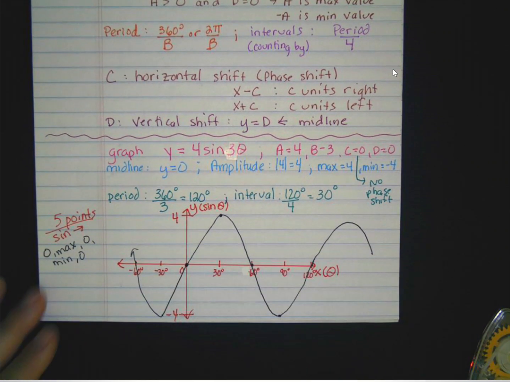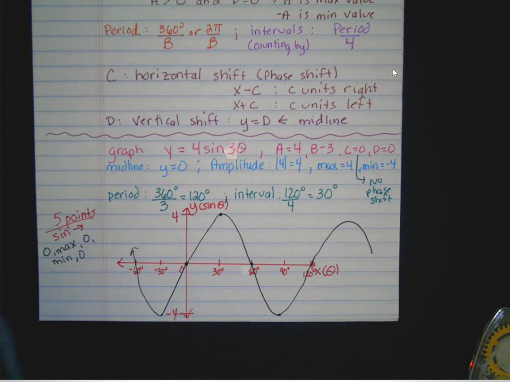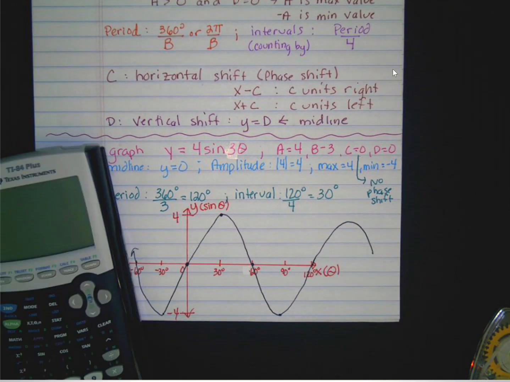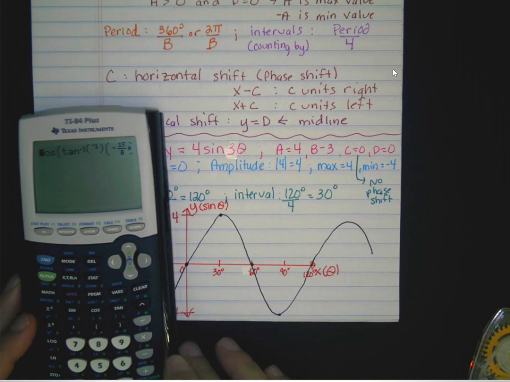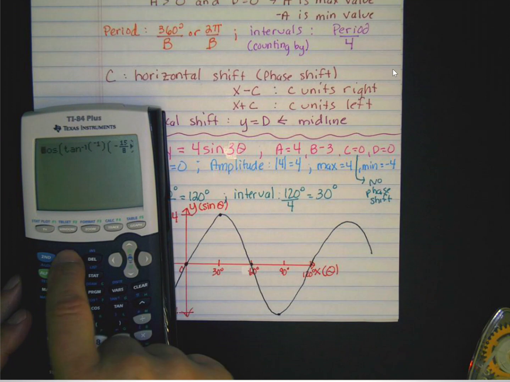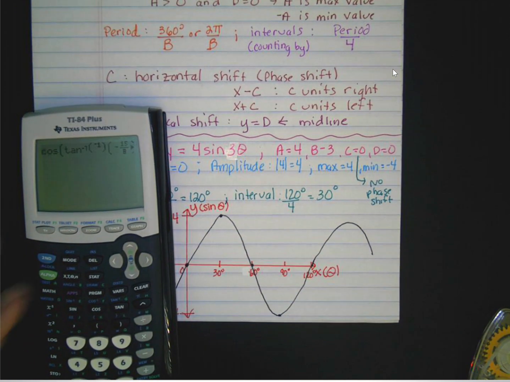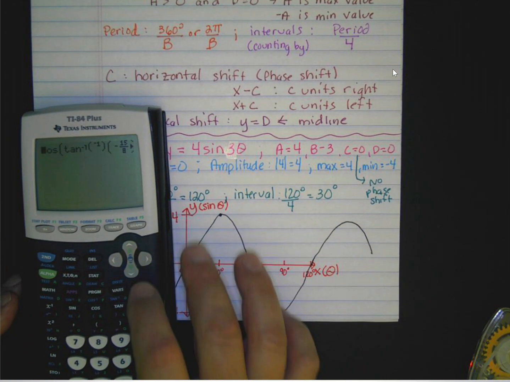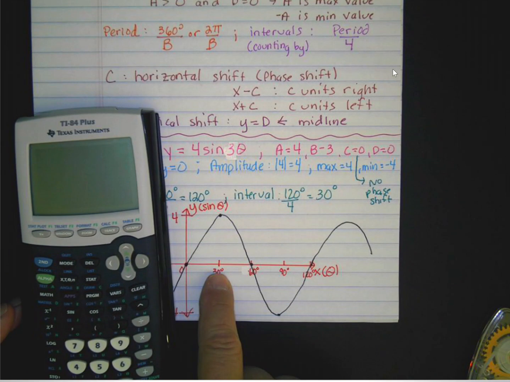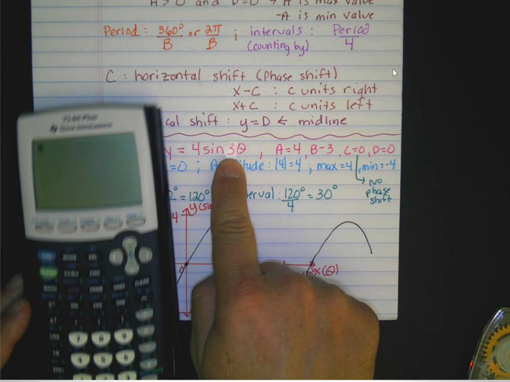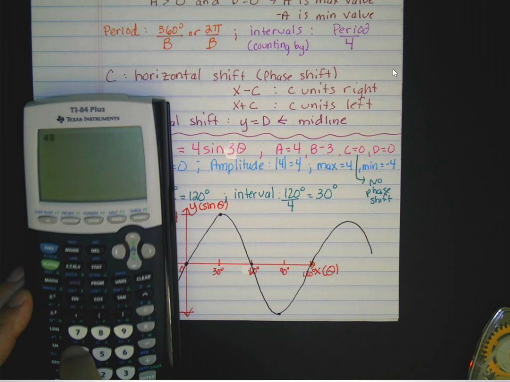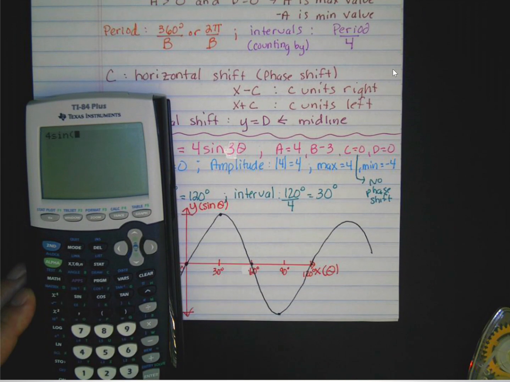You could plug in, if I could find my calculator that just dropped and almost broke my foot. Just to show you this, I'm not crazy here. Make sure I'm in degrees, first of all. I am. Okay, so watch this. If I put in 30 degrees into this formula right here, watch what I get. 4 sine of 3 times 30.